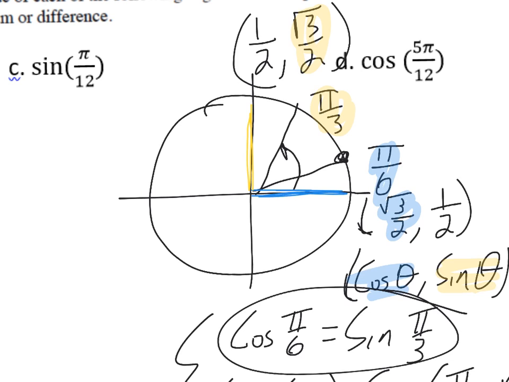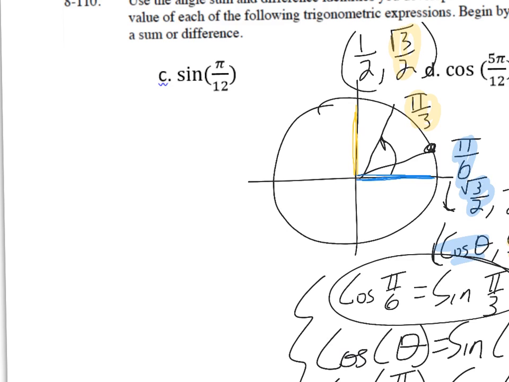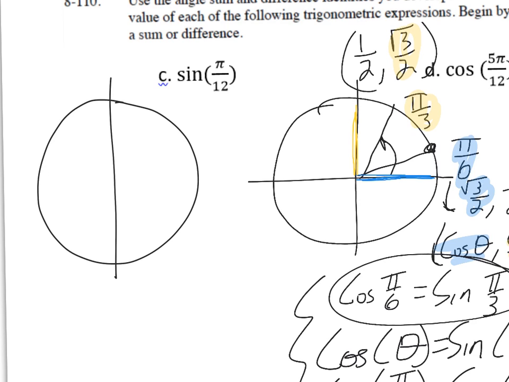Now let's take all of that and apply it to the angles that we have up here. So I'm going to draw another unit circle. And on this unit circle, obviously this is 0. This is obviously pi over 2, but let's write that in terms of 12ths because our denominator here is 12. Let's call this, in terms of 12, 6 pi over 12.